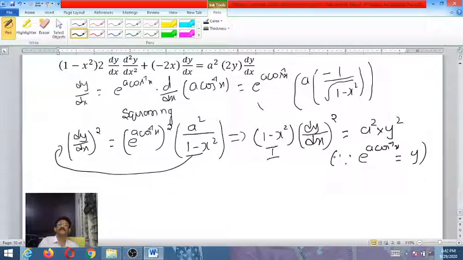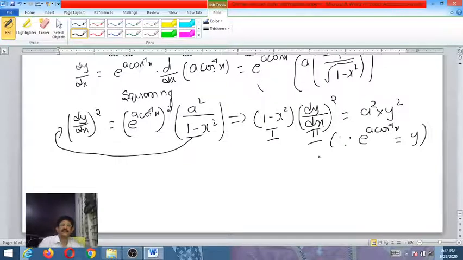Now you apply the product rule. This is the first function, this is the second function. What does the product rule say?